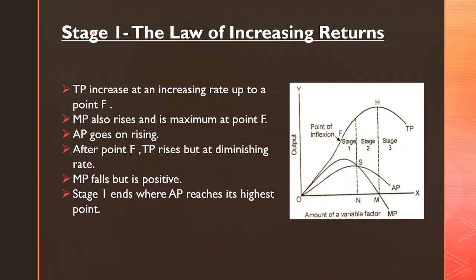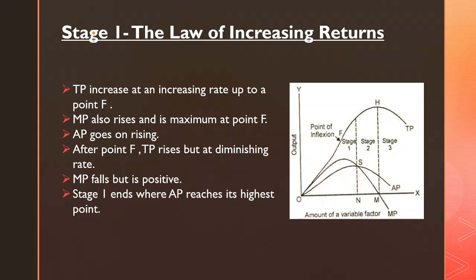In first stage, as you can see in the diagram, total production, marginal production and average production, all the three are increasing. These are increasing with increasing rate.